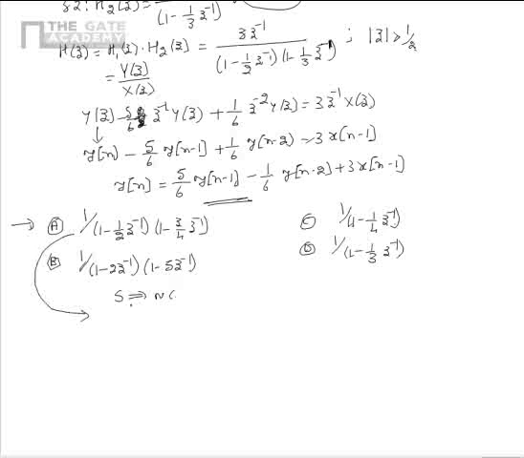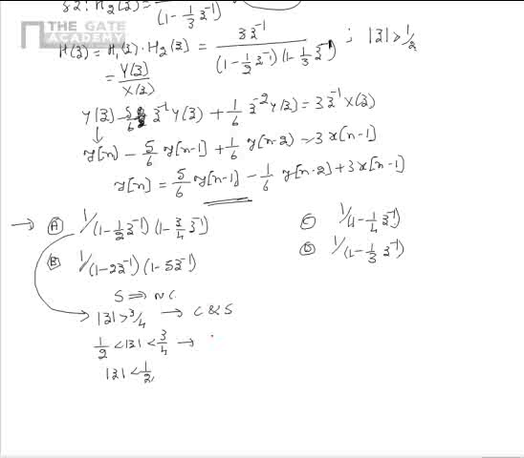If we pick the system in option A, the possible ROCs are mod z greater than 3 by 4, 1 by 2 less than mod z less than 3 by 4, and mod z less than half. In case of the first, the system is causal and stable.